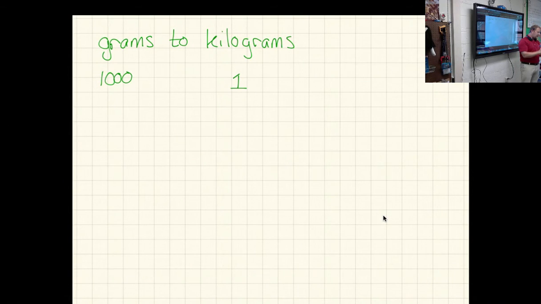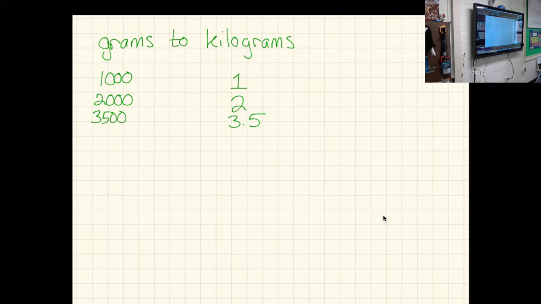What about 2,000 grams? It would be 2 kilograms. What about 3,500 grams? It'd be 3.5 kilograms.